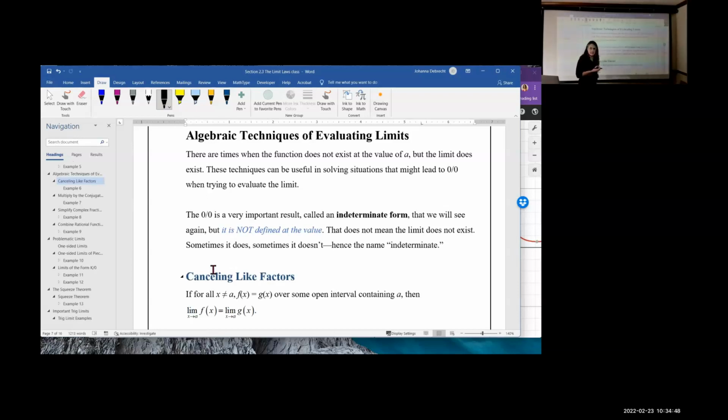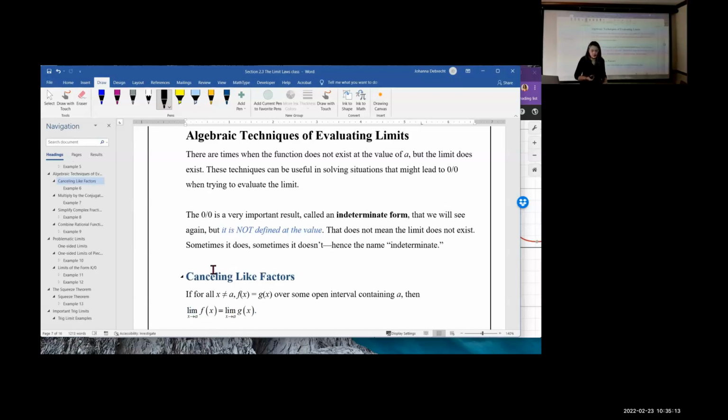It does not exist. It means the function is not defined there because thou shalt not divide by 0, full stop. Thou shalt not do that. But that doesn't mean the limit doesn't exist. The limit may still exist, but the function doesn't exist there. But we could have a hole in the graph. So that's what we're looking to see, is whether or not it's a hole in the graph.